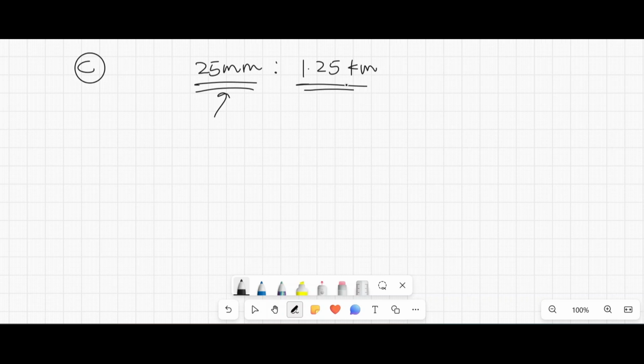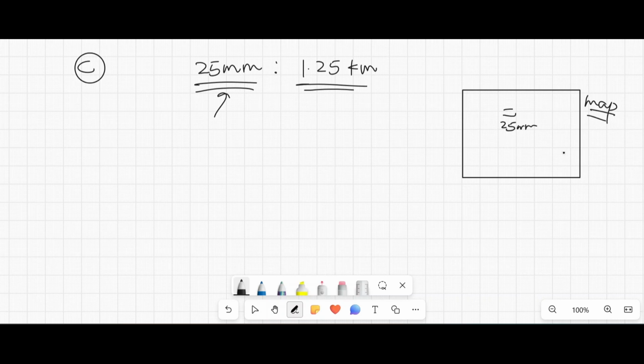Because the map represents some little measurement. It might be greater or less than this, I don't know. But on a map, imagine this is the map, and this is the representation of 25 millimeter. In real life, this length represents 1.25 kilometer.